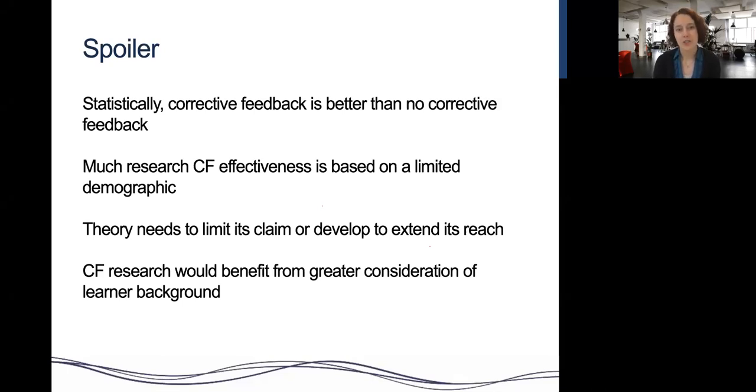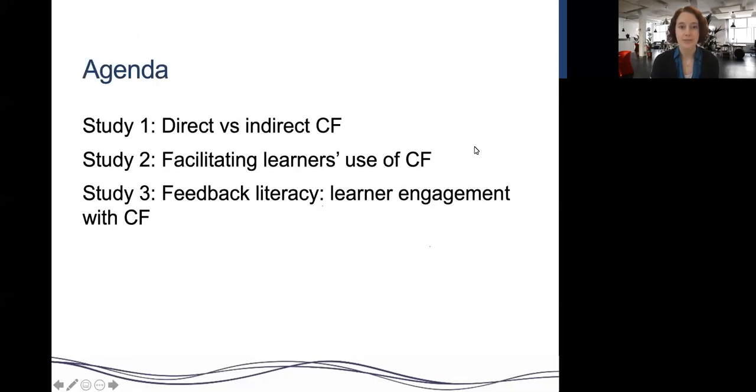Much research on corrective feedback effectiveness is based on a limited demographic, and we'll talk about that. Theory needs to limit its claim or develop to extend its reach. And CF research would benefit from greater consideration of learner background.